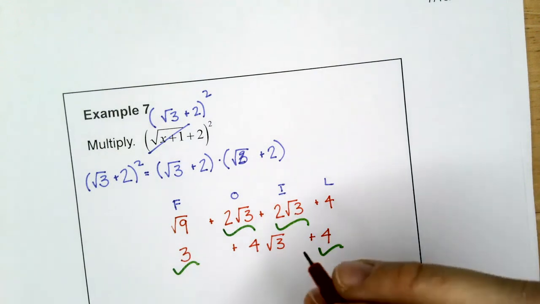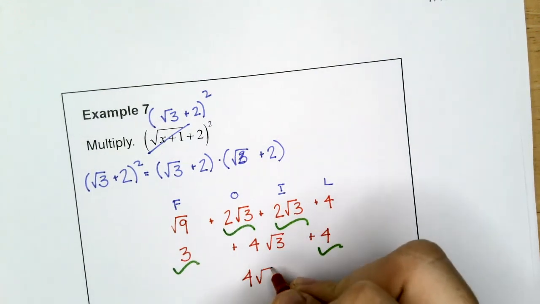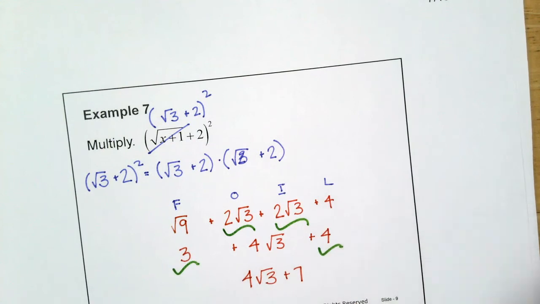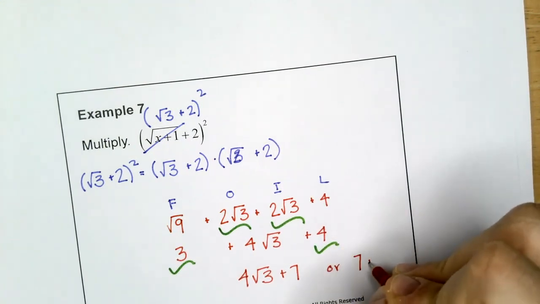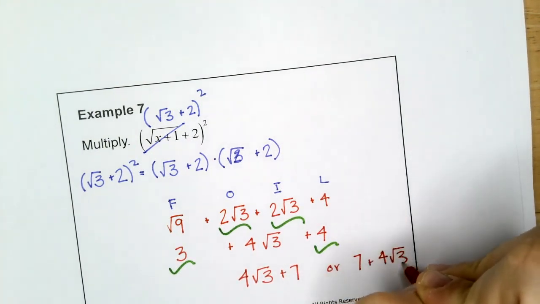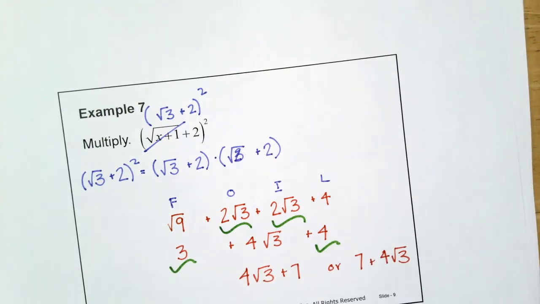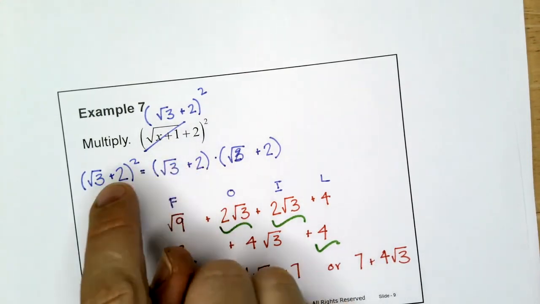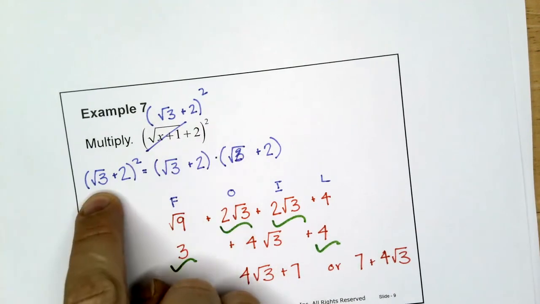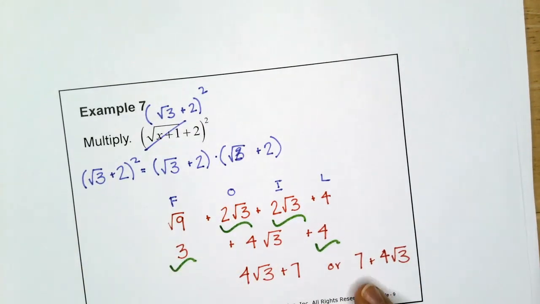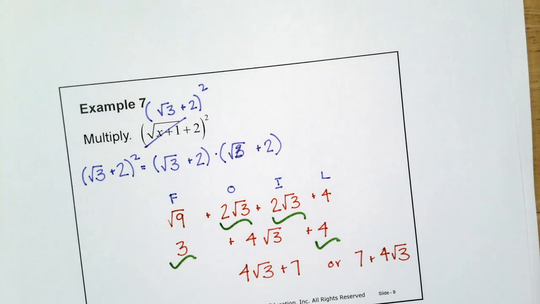They're 7, right? So you can say 4√3 plus 7, or 7 plus 4√3. No difference. So if you put that in your calculator and that in your calculator, you should get the same number.